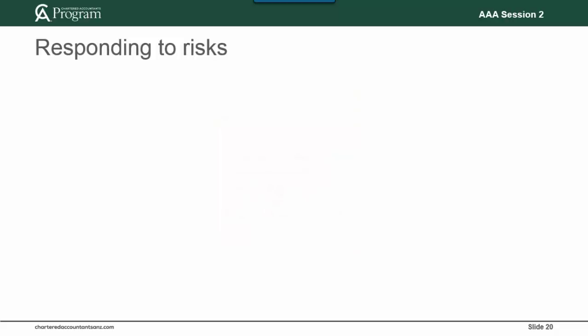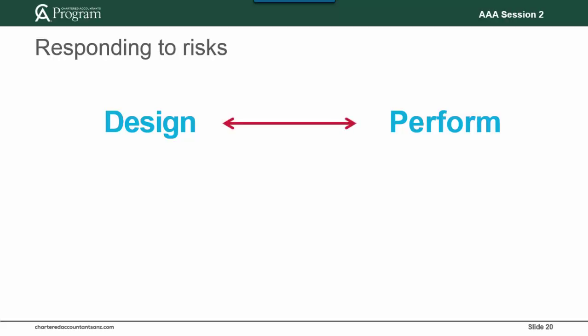In the risk response stage, we generally start by designing appropriate responses to the risk of material misstatement identified, and then performing those procedures to obtain evidence that should reduce audit risk to an acceptable level. Often there's a feedback loop because we can uncover things during the course of performing audit procedures that cause us to revise our risk assessment, resulting in a need to design and perform further audit procedures.